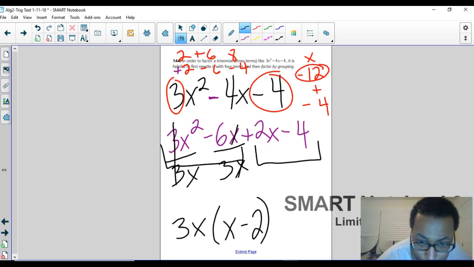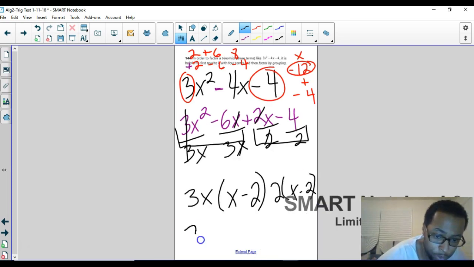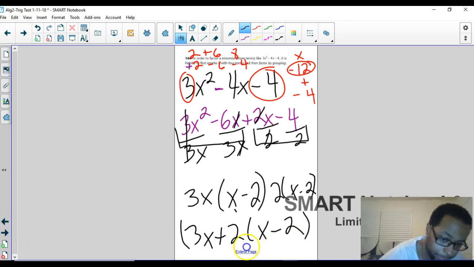Same thing here. I'm going to do the math. I'm going to realize my greatest common factor is 2. Divide by 2. Divide by 2. 2's cancel out. I'm just left with x. Negative 4 divided by 2 is negative 2. Boom, I got my answers. So 3x plus 2, x minus 2. Okay?